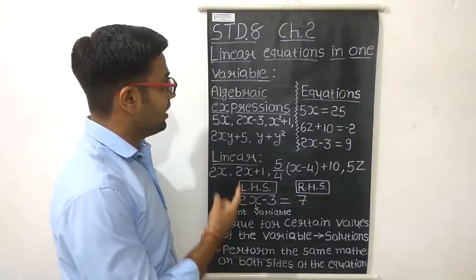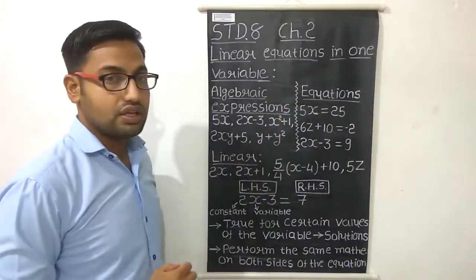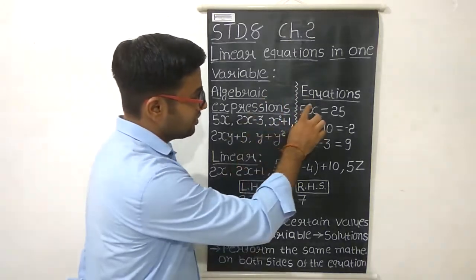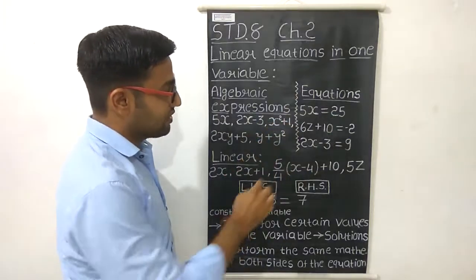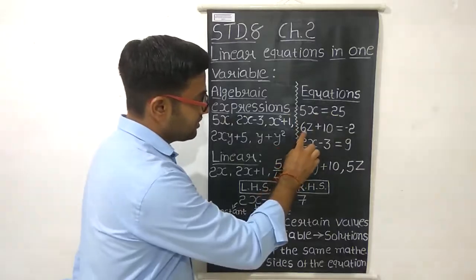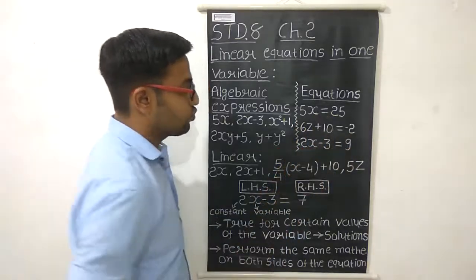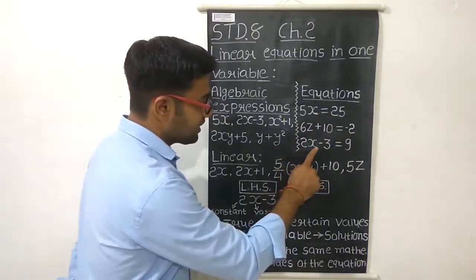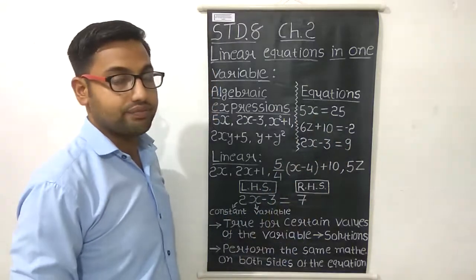Now we have to understand what equations are, right? Some examples of equations are 5x equals 25, 6z minus 10 equals minus 2, 2x minus 3 equals 9.